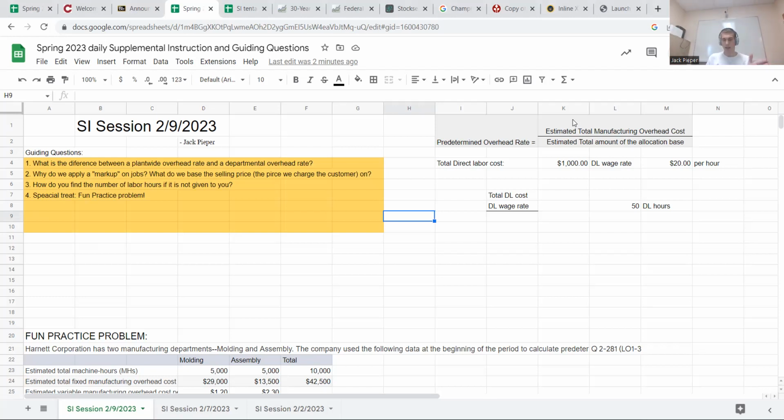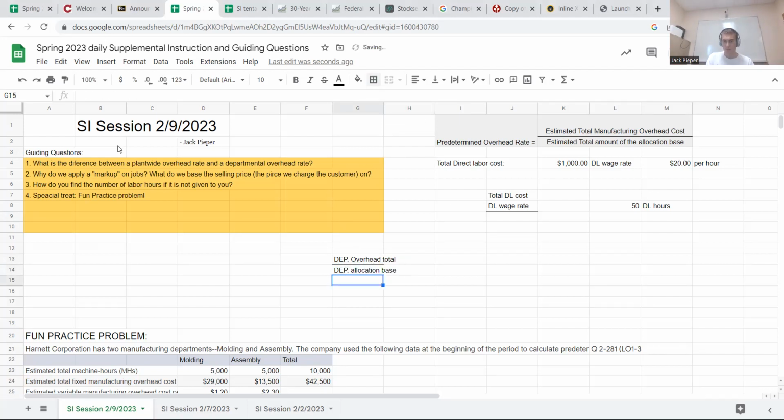The departmental overhead rate will have you calculate the overhead rate for every single department in our company. So what we would do is take our total manufacturing overhead cost for the department, the department overhead total, and divide it by our department allocation base.